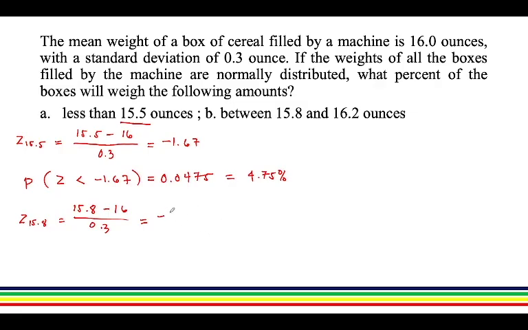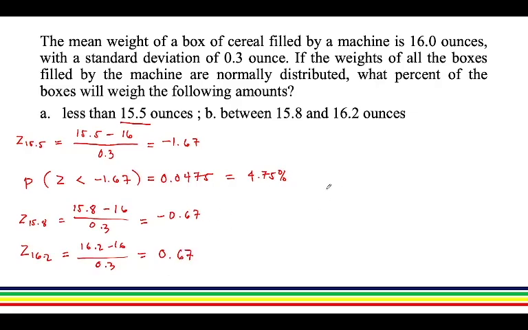It's negative 0.67, while the 16.2 is positive 0.67.